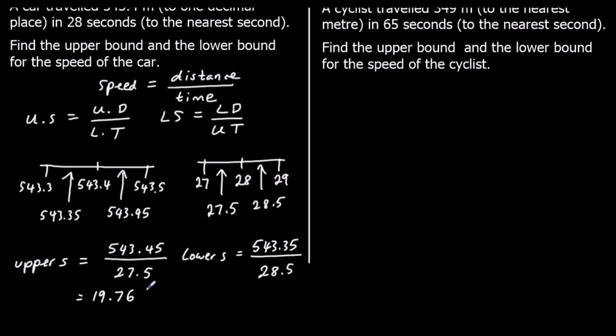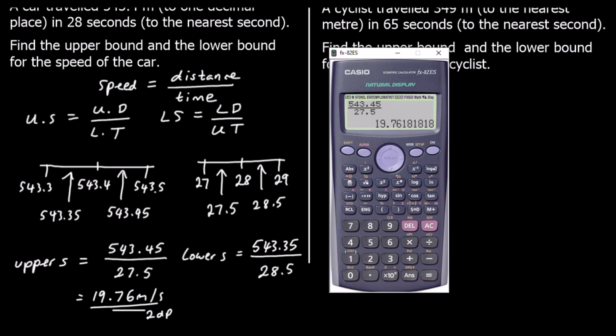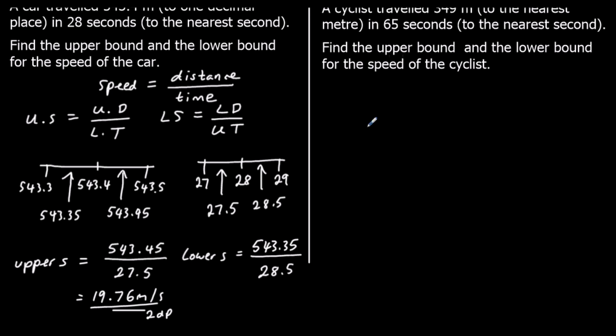And it's in meters per second, to 2 d.p. And our lower speed, 543.35 over 28.5, 19.06. 19.06 meters per second, also to 2 decimal places.